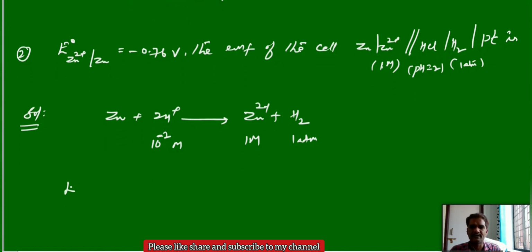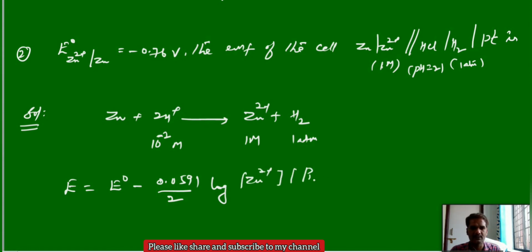Now the resultant E cell. E cell is equal to E naught cell minus 0.0591 by the number of electrons transferred, 2, log of zinc 2 plus concentration by partial pressure of hydrogen and H plus concentration power 2.